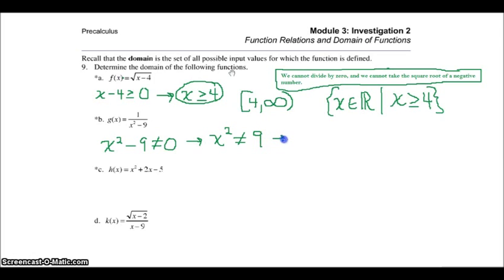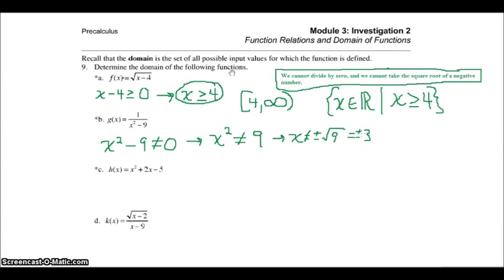You may remember that if you want to cancel a square, you take a square root. If x squared equals 9, then x has to equal the positive or negative square root of 9. Or, again, this is not equals, positive or negative 3.